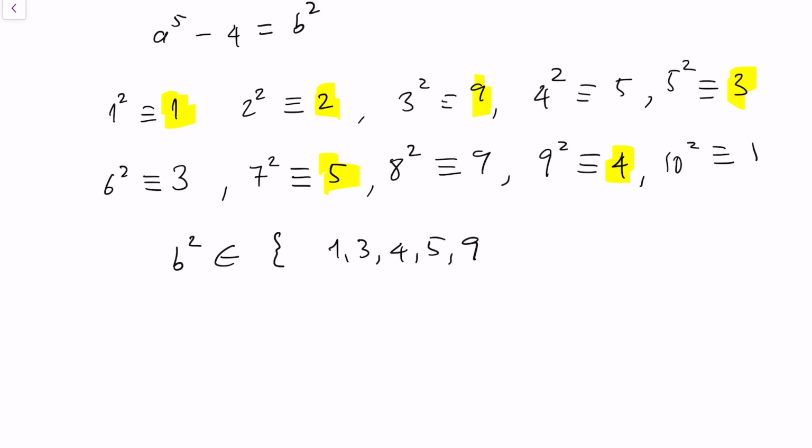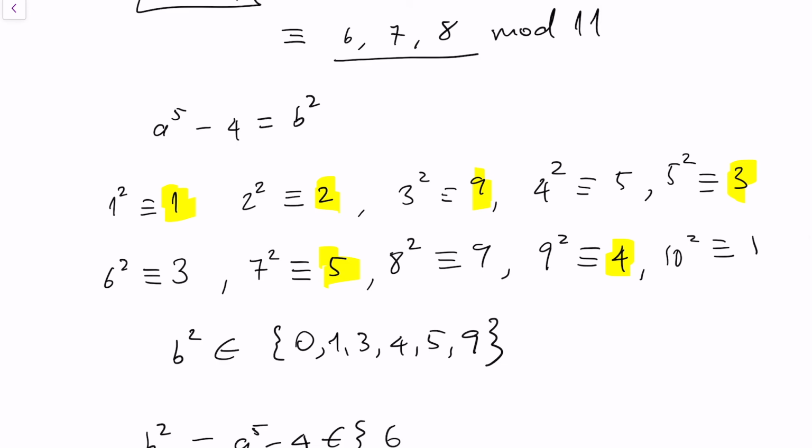And of course, b could be a multiple of 11, so I'm going to add 0 as well. So these are the only possible values, but we are given that b squared is equal to a to the 5 minus 4, and that belongs to the set, as we worked out here, 6, 7, or 8 in mod 11.